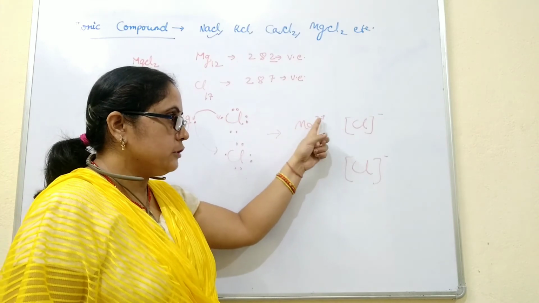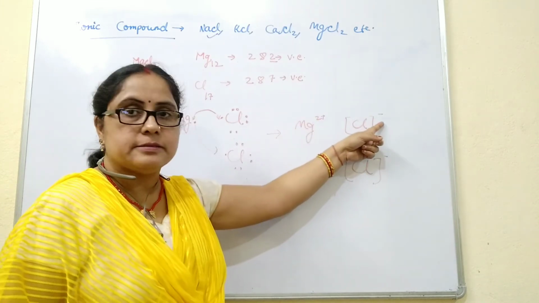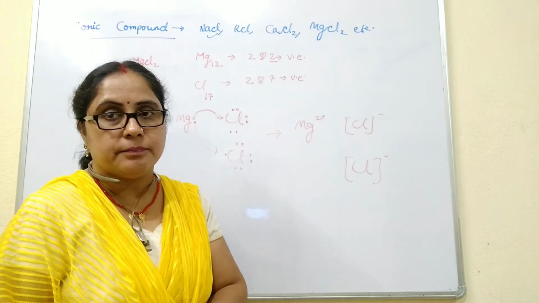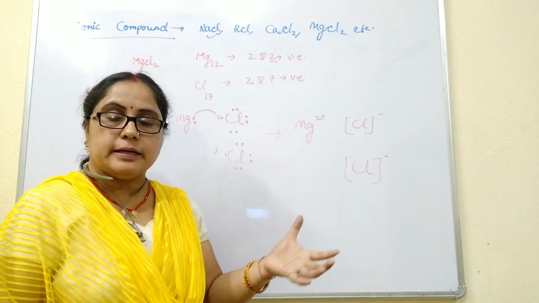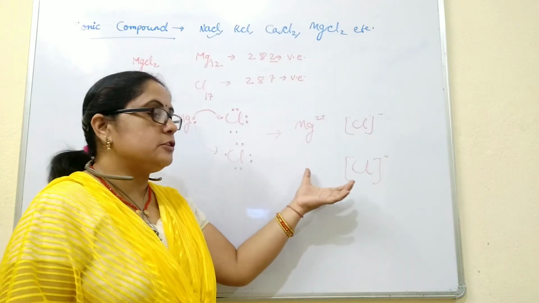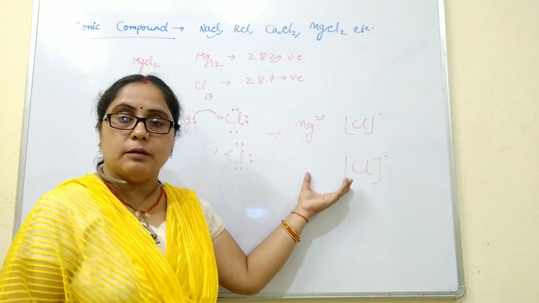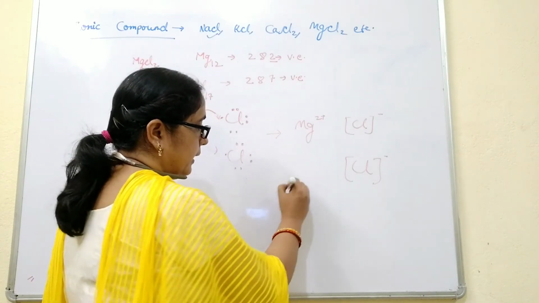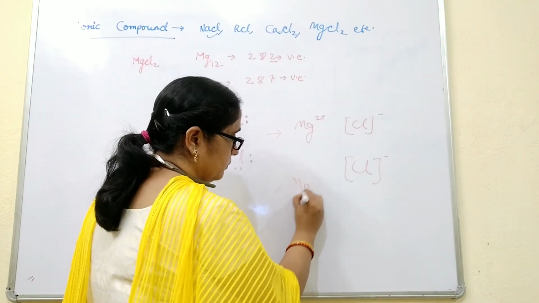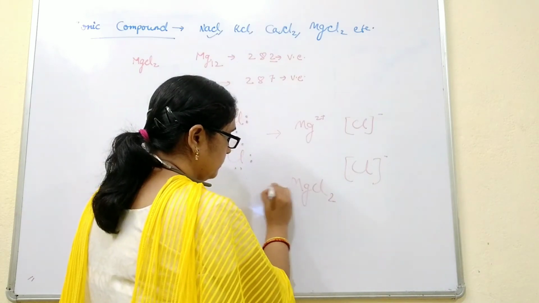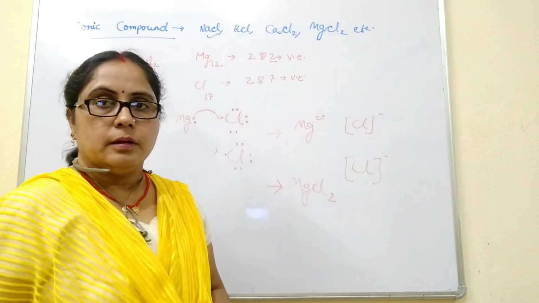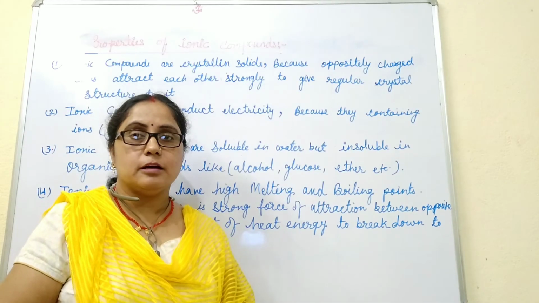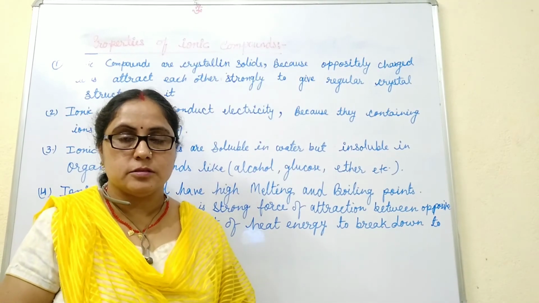These two, Mg2 plus and 2 Cl minus, attract each other because they are oppositely charged ions, and a force of attraction is held between them, which is called a chemical bond. In this way they form the ionic compound MgCl2. By this way ionic compounds are formed. Ionic compounds are formed from ions.